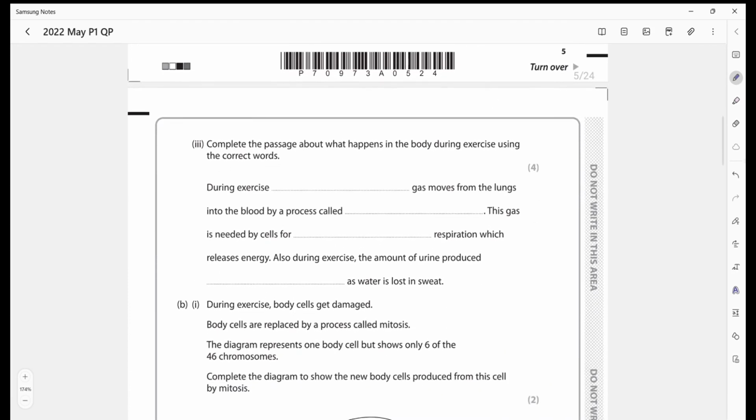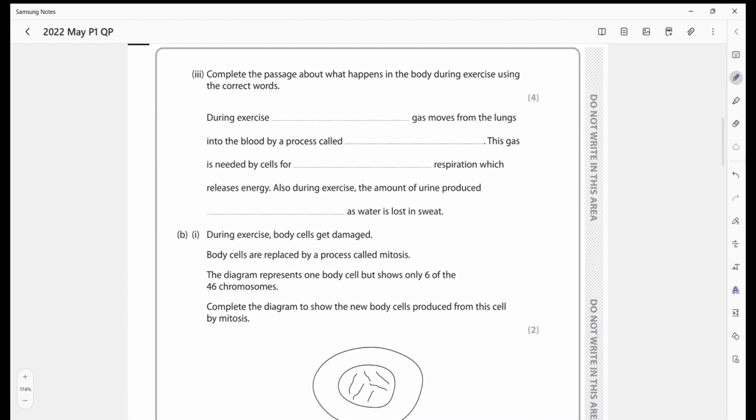All right, complete the passage about what happens in the body during exercise using the correct words. So during exercise, gas moves from the lungs to the blood. Okay, when it comes to the lungs and a gas moving, there's only 2 gases that are moving in the lungs. That would be carbon dioxide and oxygen.